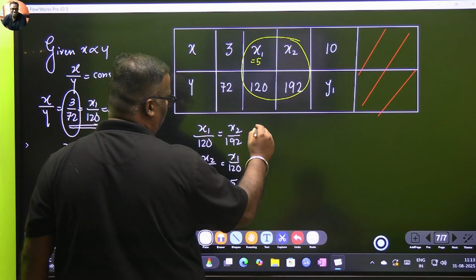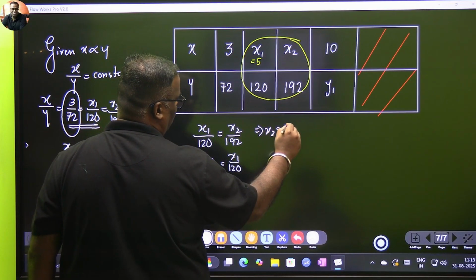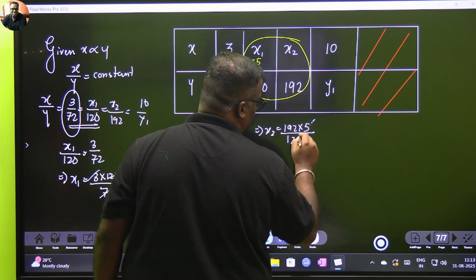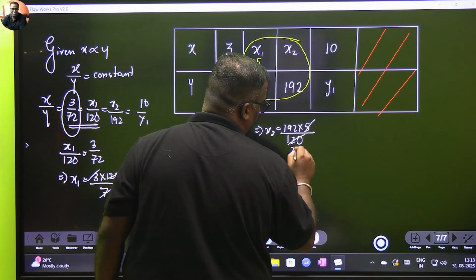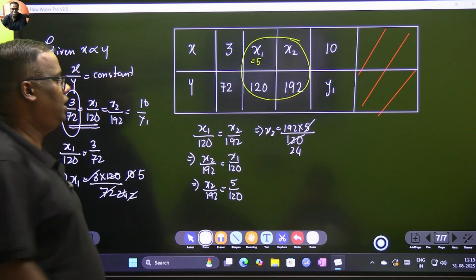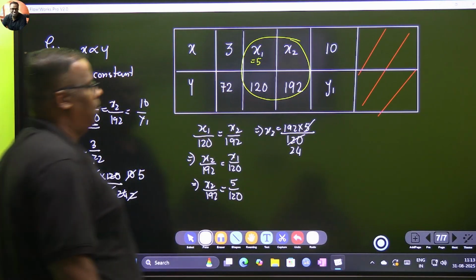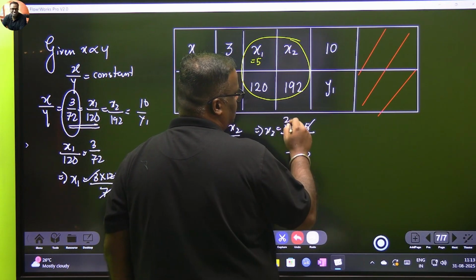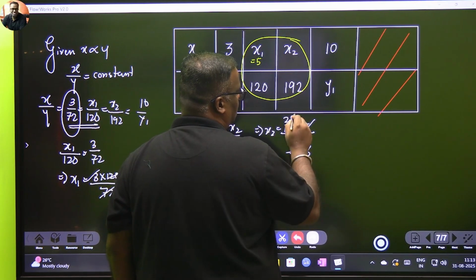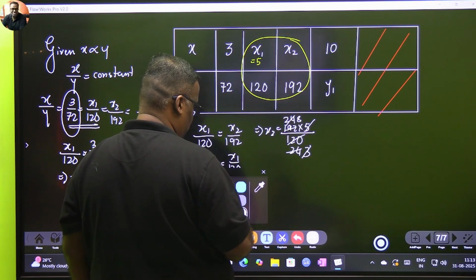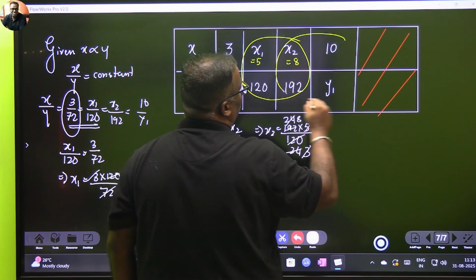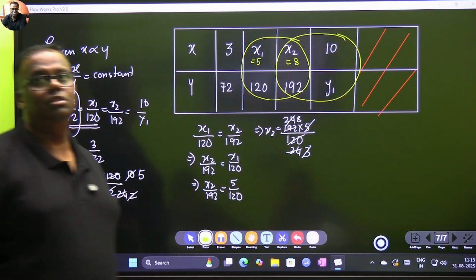X2 is equal to 192 into 5 divided by 120. So 5 2s are 10, 5 4s are 20. Agreed? And this is how much? 8 3s are 24, 8 4s are 32. That means we have found this value as 8. Now you take these two and solve it. You do it on your own now.